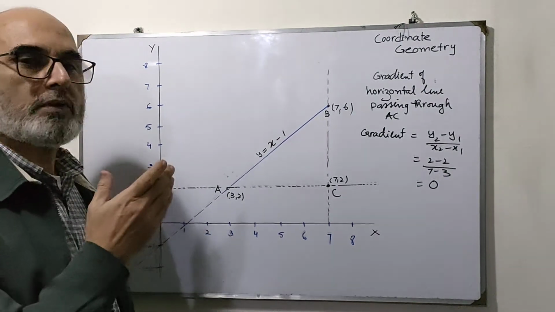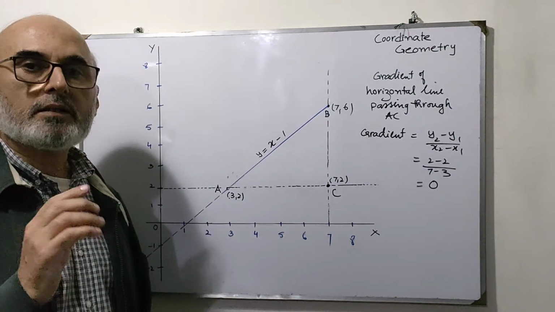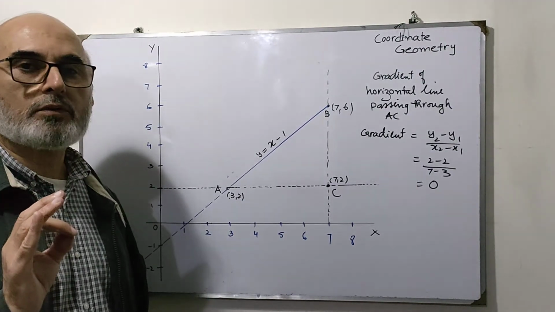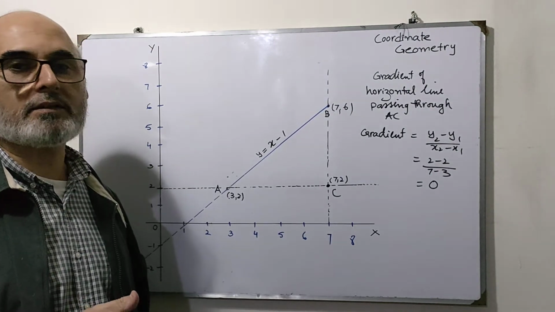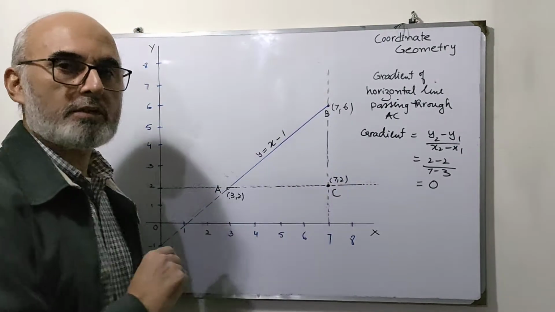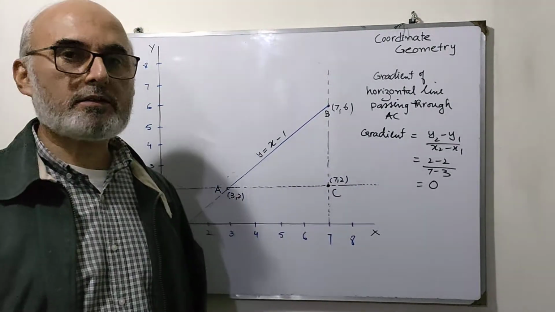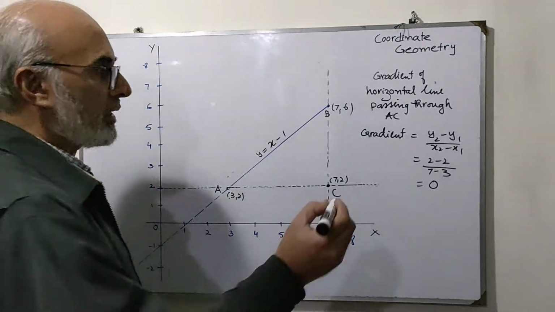Now let's talk about the vertical line. In the vertical line, we can see that the y-axis values are changing, but there is no change in the x-axis point. The x-axis point here is 7 and here it is also 7. So there is no change in x-axis point, but there is change in y-axis. Let's see what is the gradient for the vertical line.